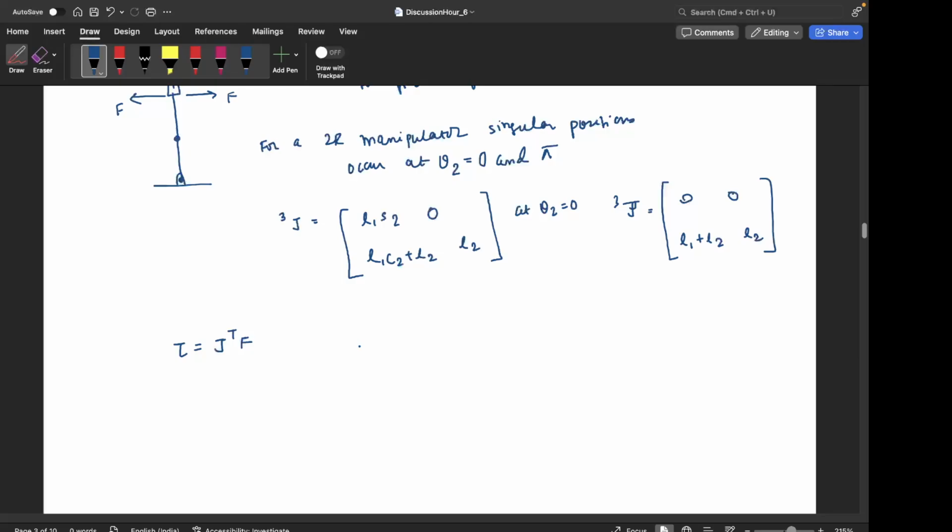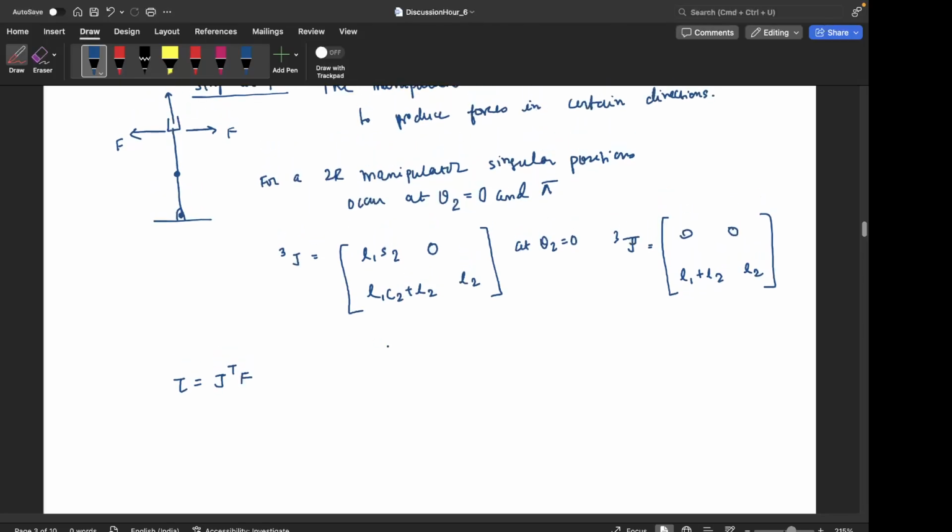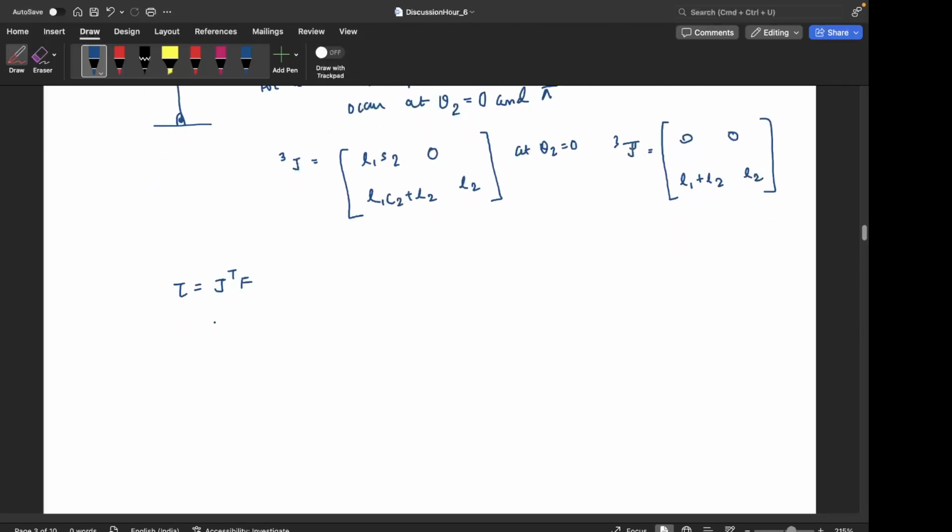So in the singular case, with the Jacobian 0, 0, L1 plus L2 and L2, and let's say the force is Fx Fy, on multiplication this becomes 0 and this becomes L1 plus L2 times Fx.